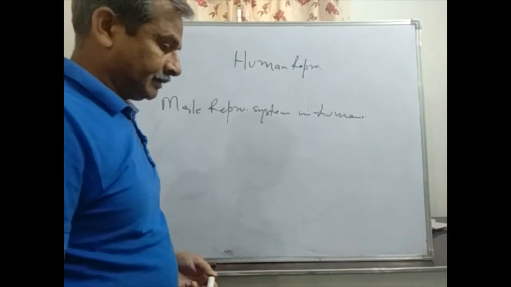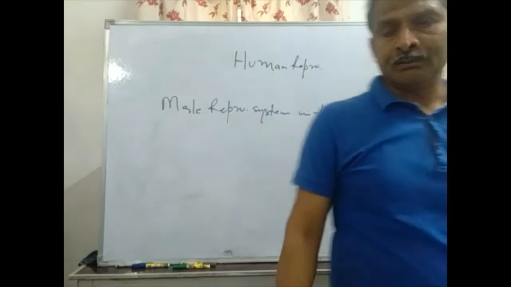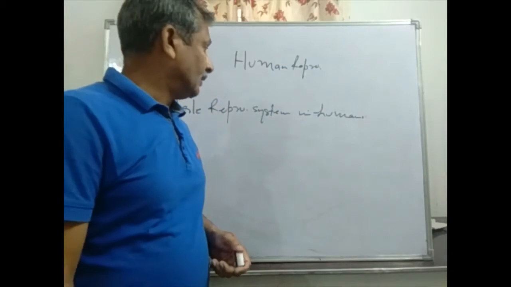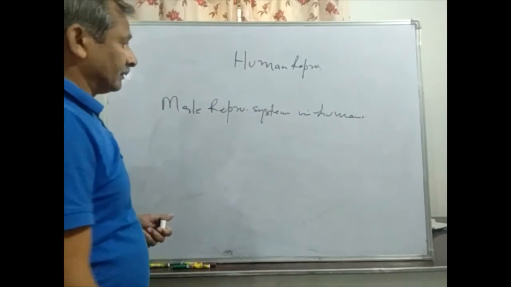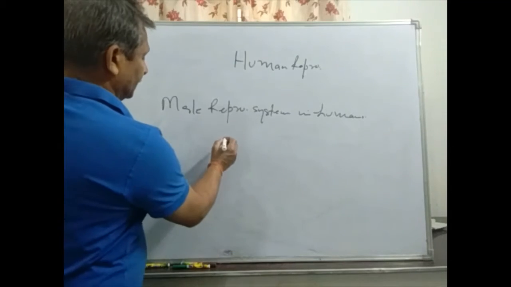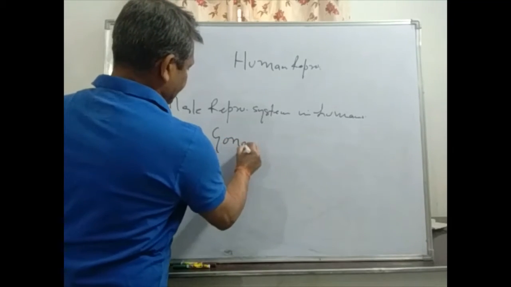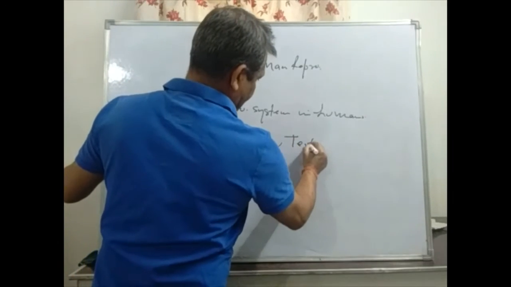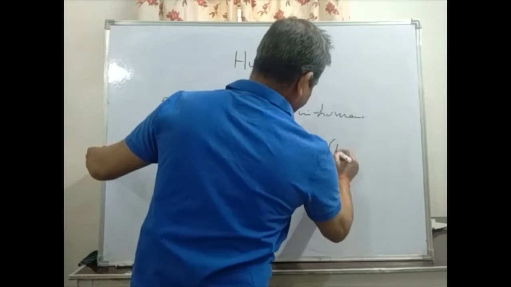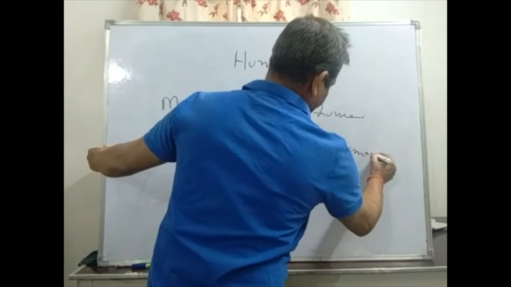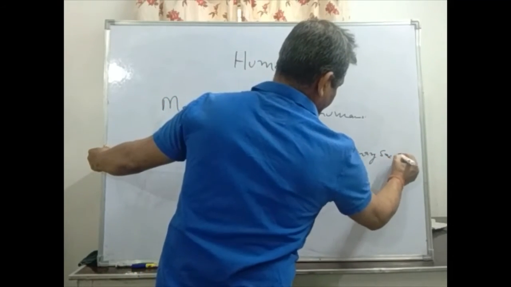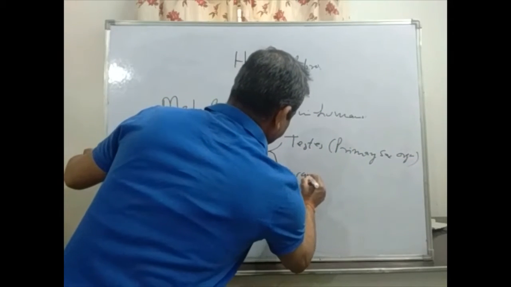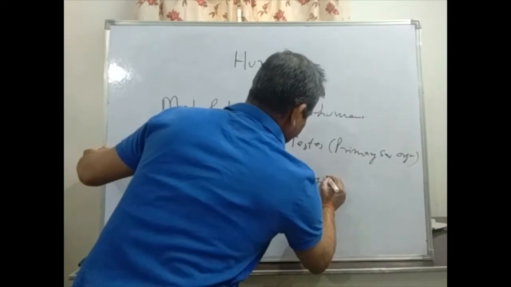As we see, the sexes are separated, meaning male and female sexes are different here, and the organs which are involved in reproduction are known as gonads. In males, the testis is the primary sex organ, and in females, the ovary is the primary sex organ.